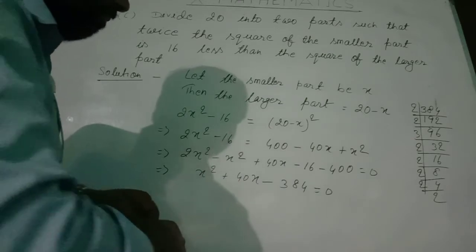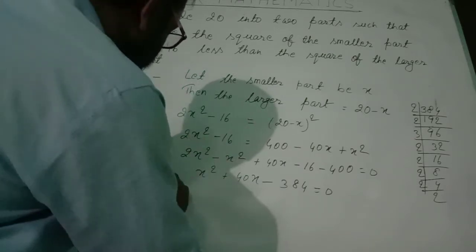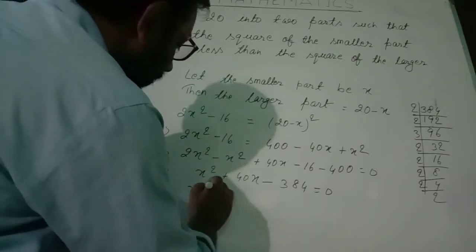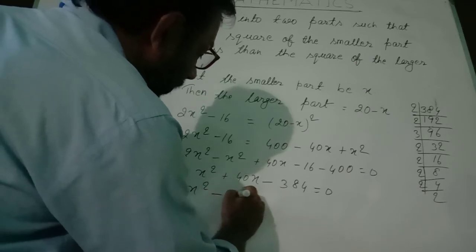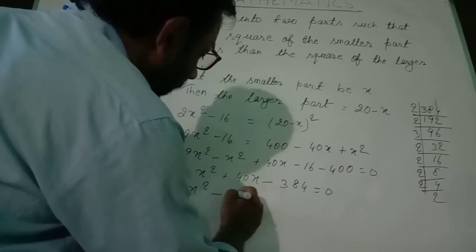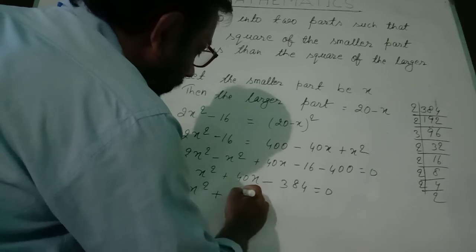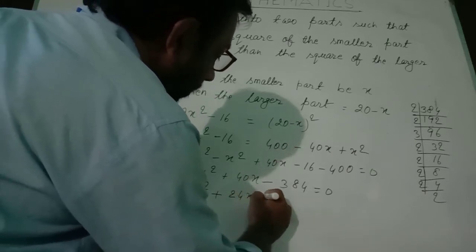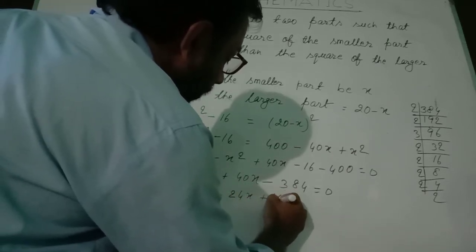16 minus 24, in this way we can write it, x square minus 20 plus 24x plus 16x minus, no, wait, we have to prepare this group again.